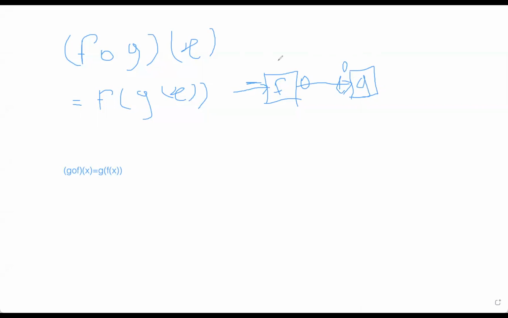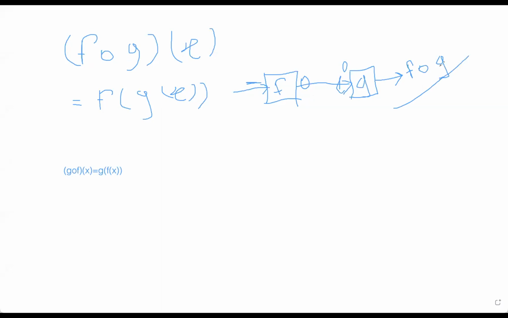The output of function f will be given as the input to the function g. And whatever output comes out here is f composite g.